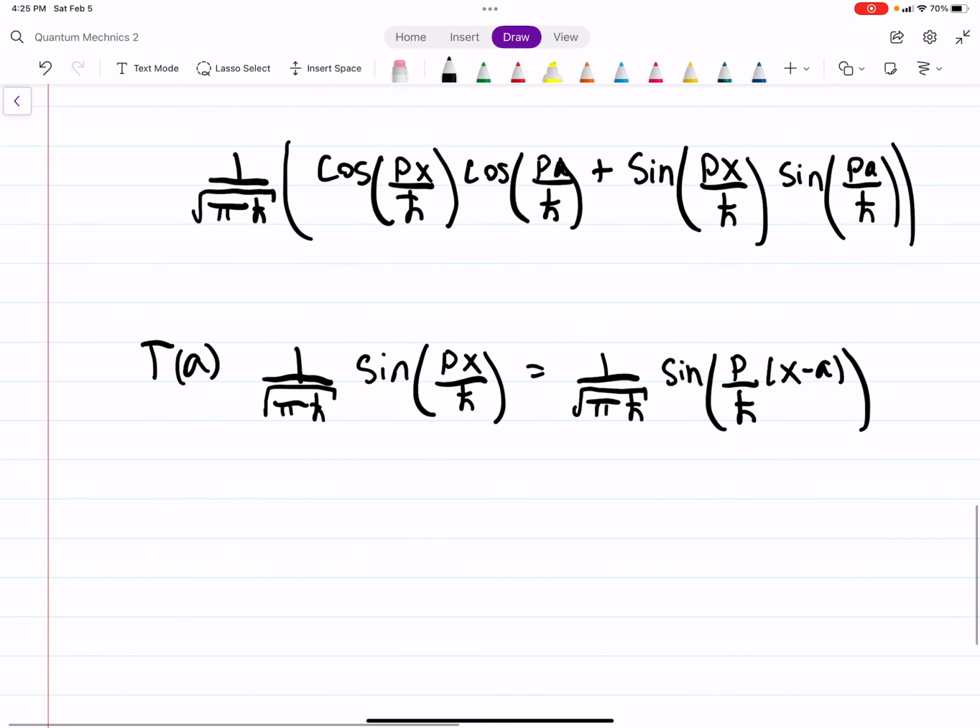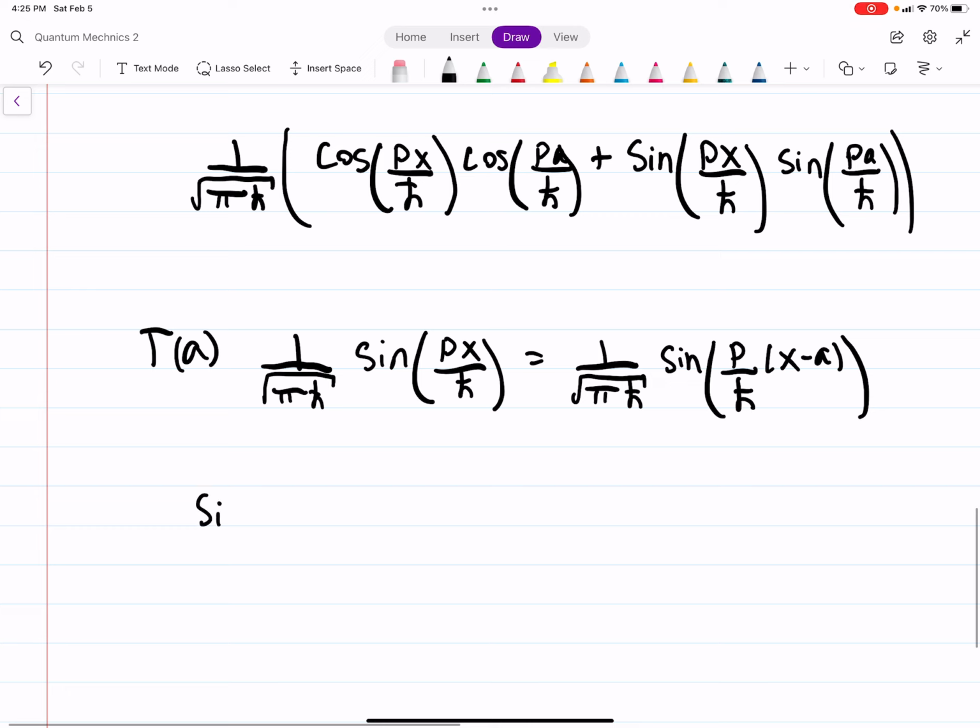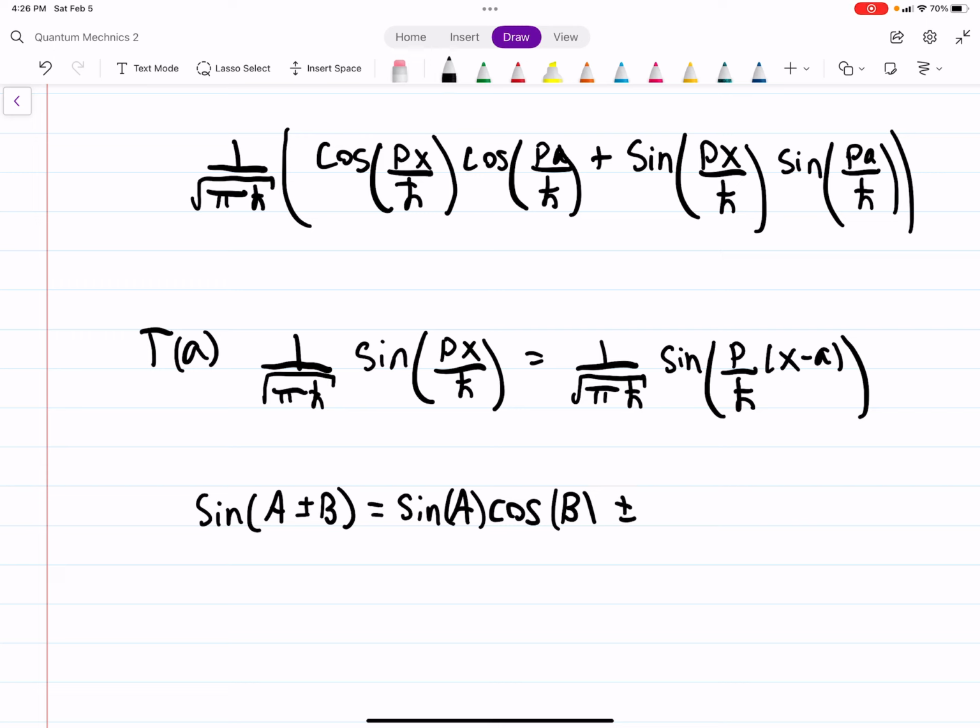And now what we need to know is that sine of a plus or minus b is sine of a cosine of b, plus or minus cosine of a sine of b. So in this case, we're going to subtract.